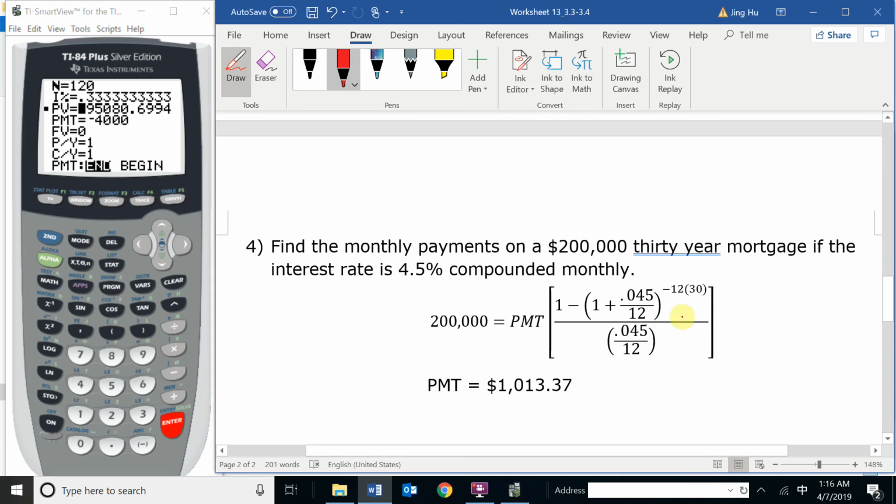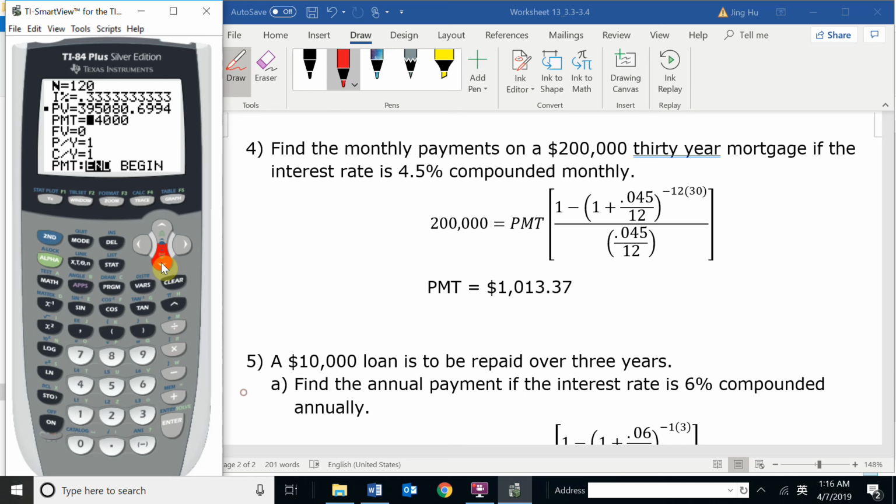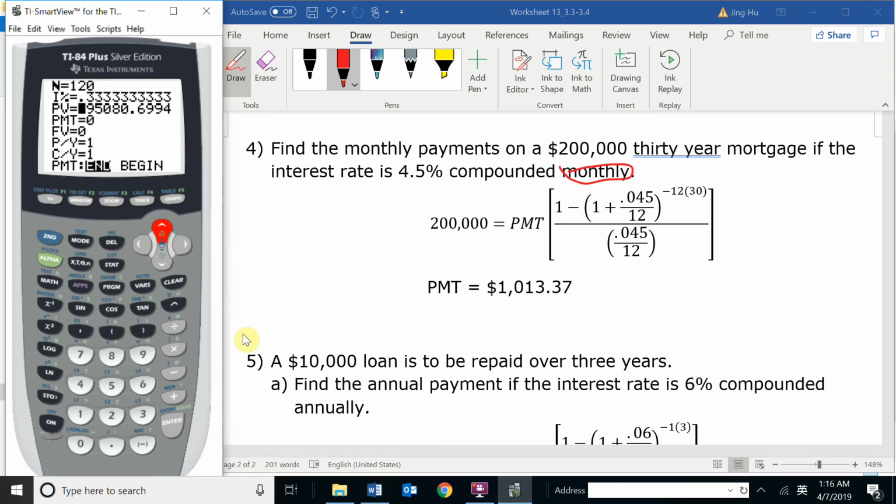Now next question, find the monthly payment. So we reset it as 0, later come back to get the value. And its keyword is monthly. So here N is 30 years, and times 12.